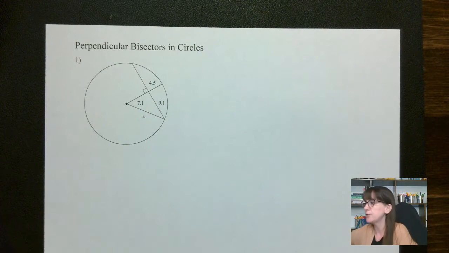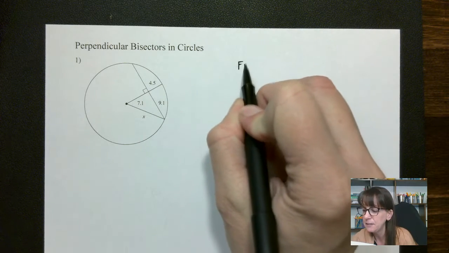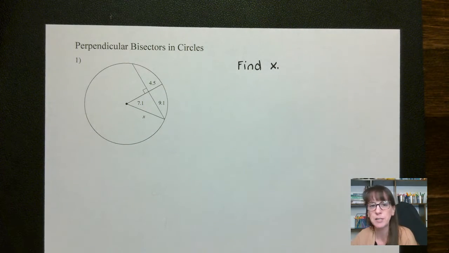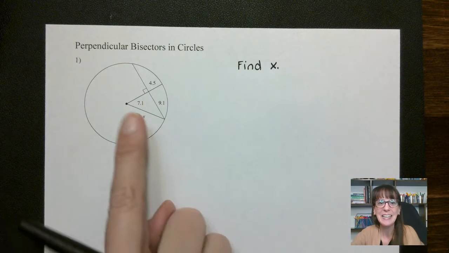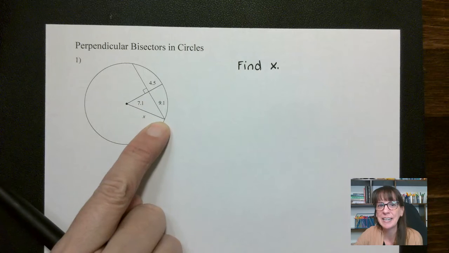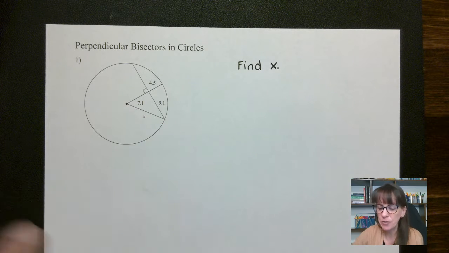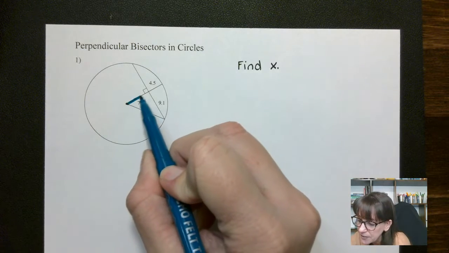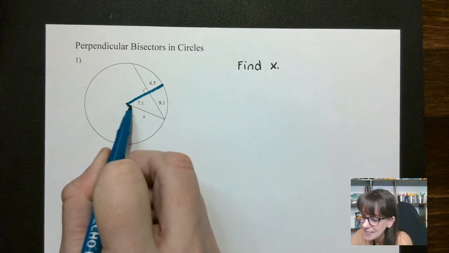All right, so on these, we want to find x, the value of x. Sorry, that was not included in the instructions there. Okay, now looking at this, it looks like our x is a radius here, right? So that is also the same for this radius right here, this radius and this radius.